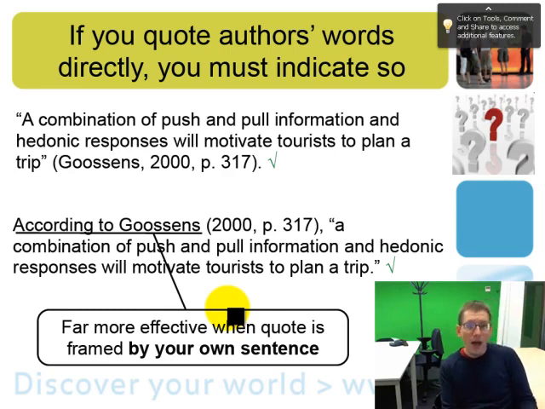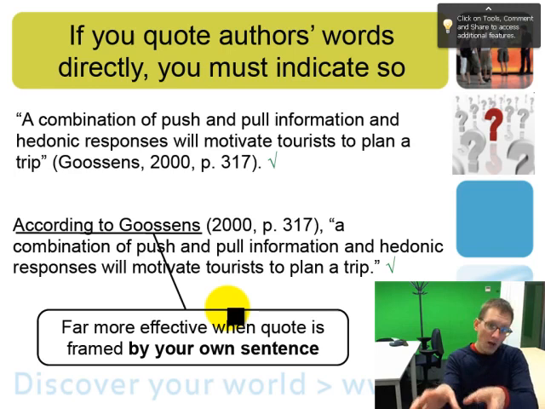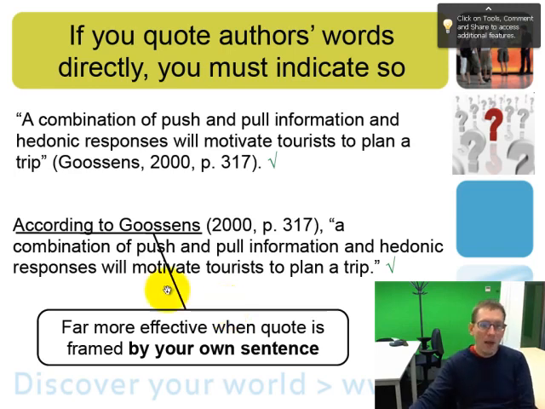So, at the most, you can quote, that is, actually use the author's original wording for maybe a sentence at a time. But it isn't particularly good to be writing some text of your own and then put in the middle of it a sentence from another paper, like a combination of push and pull information, copied from Coherence 2000.